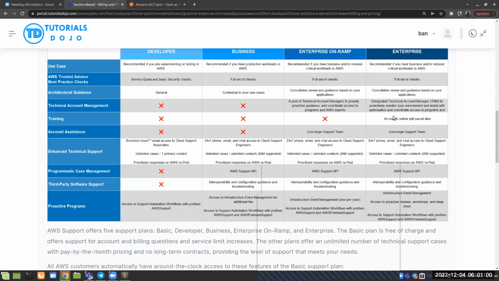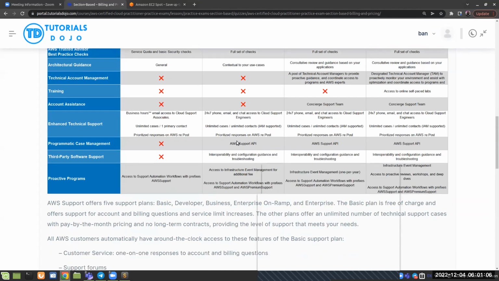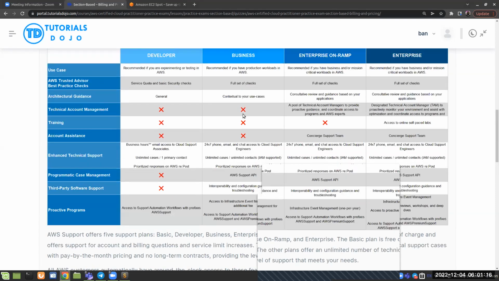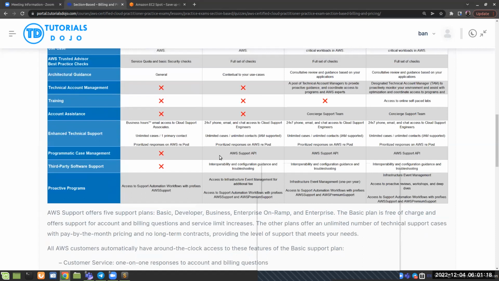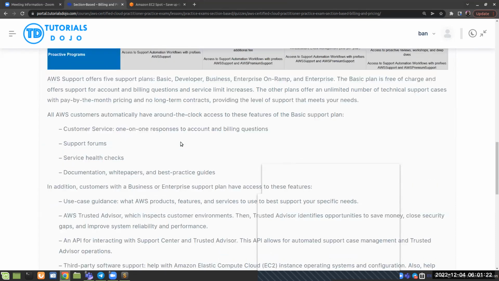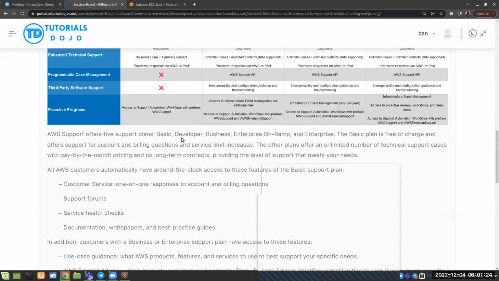Enterprise is much more expensive. This one is expensive, but not as enterprise. So if you are trying to have just programmatic case management or the AWS support API, and you are looking for the most cost-effective option, then you use business, right? So the key thing again is to know that table.